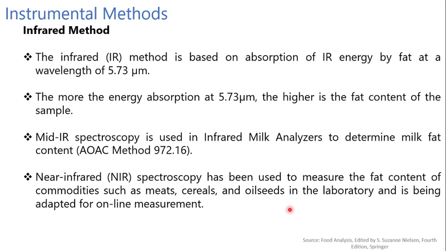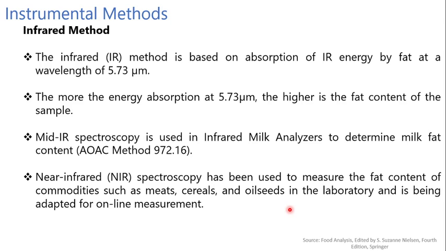However, the equipment is expensive, and measurements often require the establishment of a calibration curve for specific purposes. Despite these drawbacks, several instrumental methods are very widely used in quality control as well as research and product development applications. We will see the various types of instrumental methods one by one.